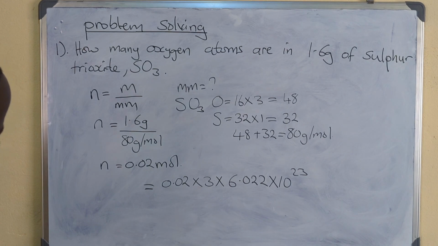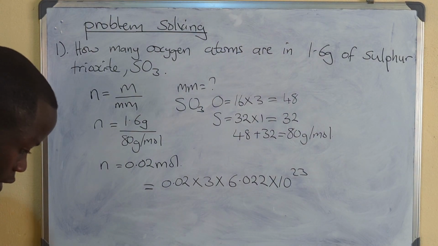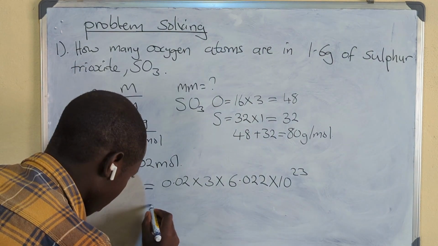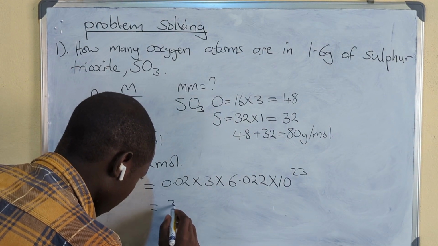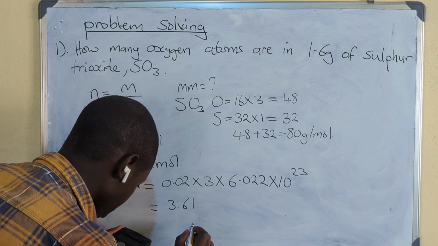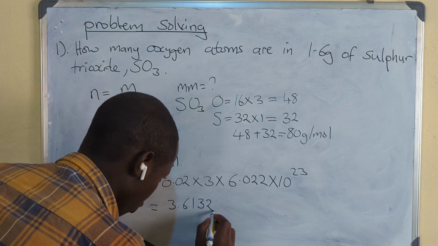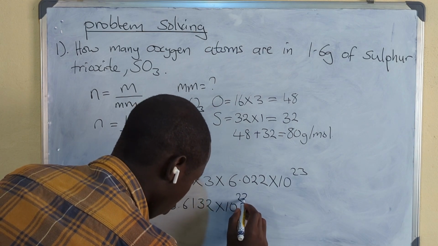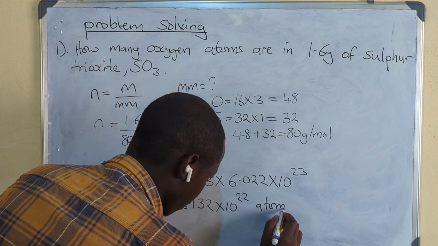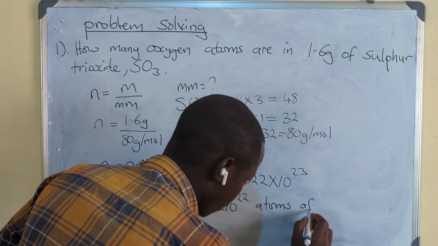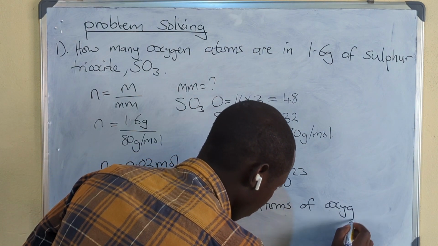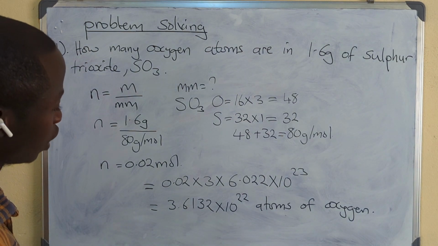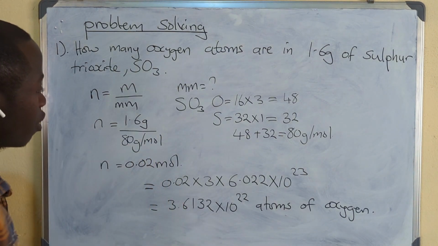If we compute these figures, this is equal to 3.6132 times 10 to the power 22 atoms of oxygen. So this is the number of oxygen atoms contained in the sulfur trioxide.